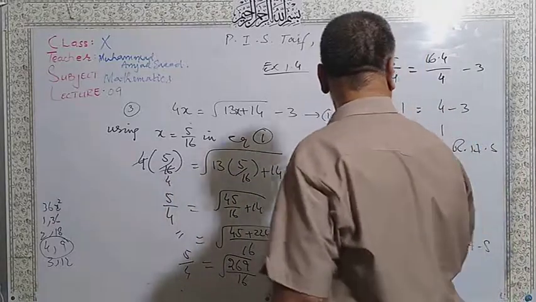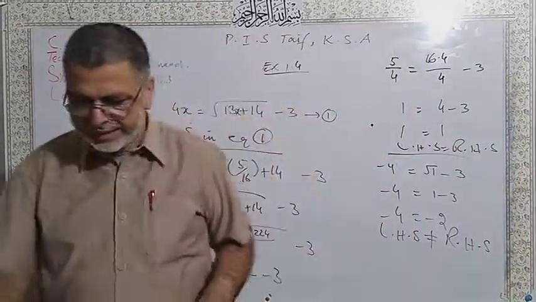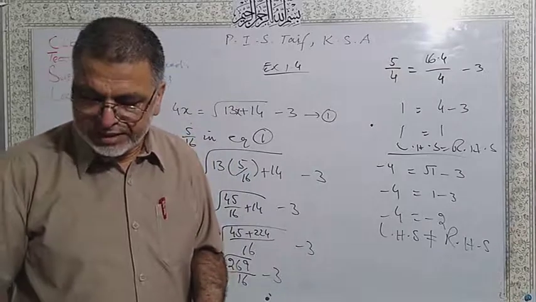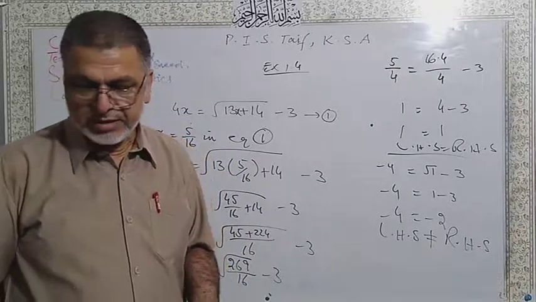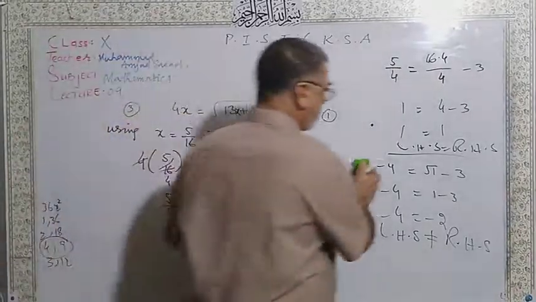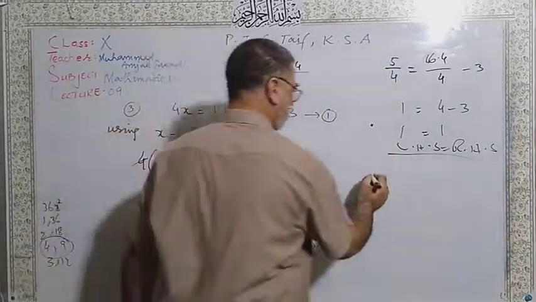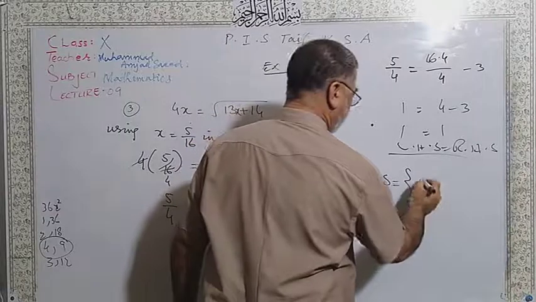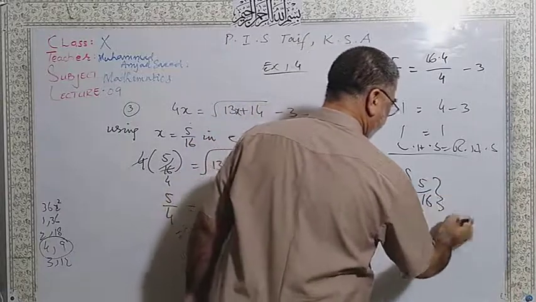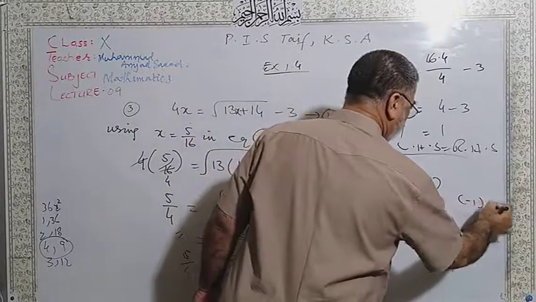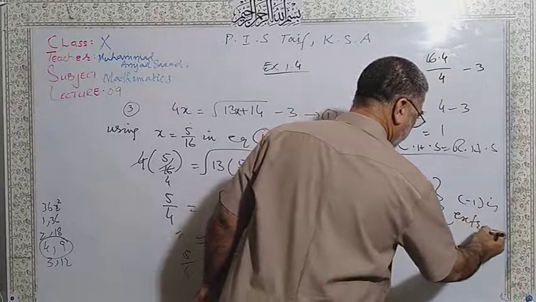So in this way you can check, after dividing and simplifying, both sides are equal, so that's why we have the solution set 5 over 16, and you will write down that minus 1 is an extraneous root.